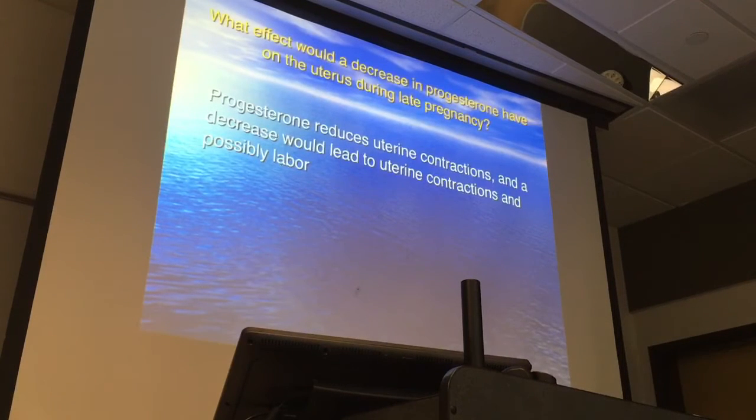Remember, oxytocin receptors are put on the uterine muscles late in pregnancy so that oxytocin can stimulate and begin labor. Progesterone just maintains the endometrial lining. Progesterone does reduce uterine contractions.